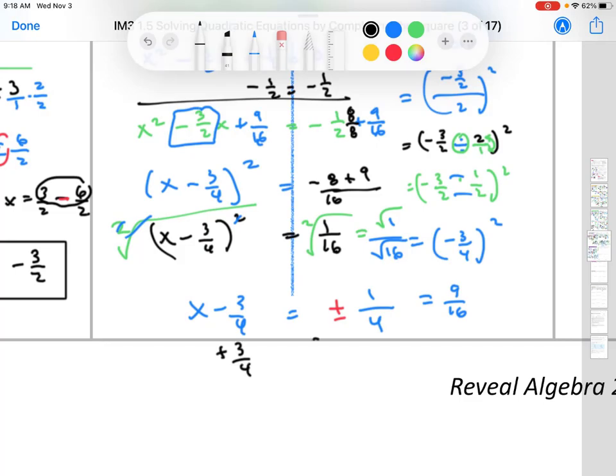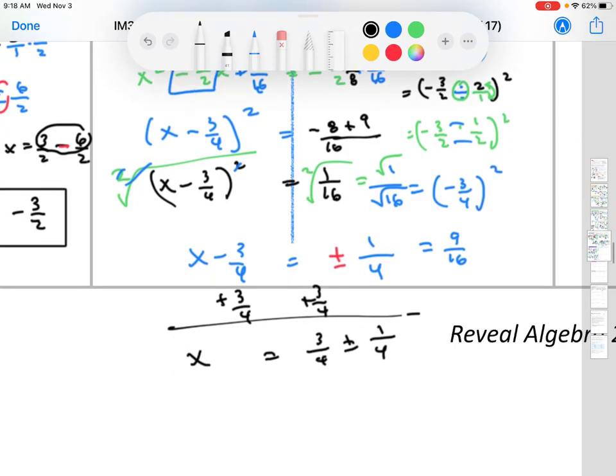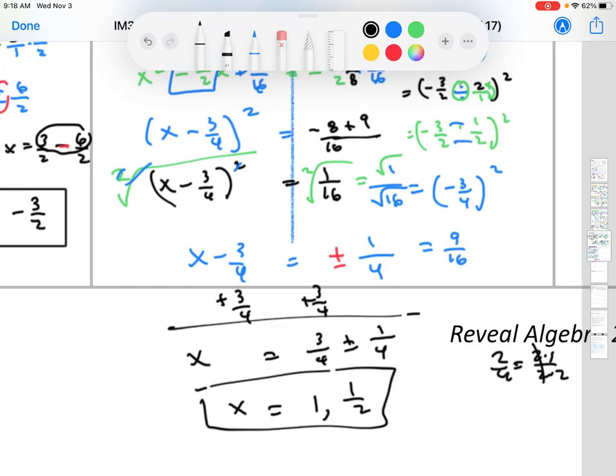We're going to add 3/4 here. x equals 3/4 plus or minus 1/4. You have a common denominator, so you can just add 3 plus 1 is 4, so 4 over 4, or 1. And 3 minus 1 is 2, and 2/4 is 1/2. And those are your answers.